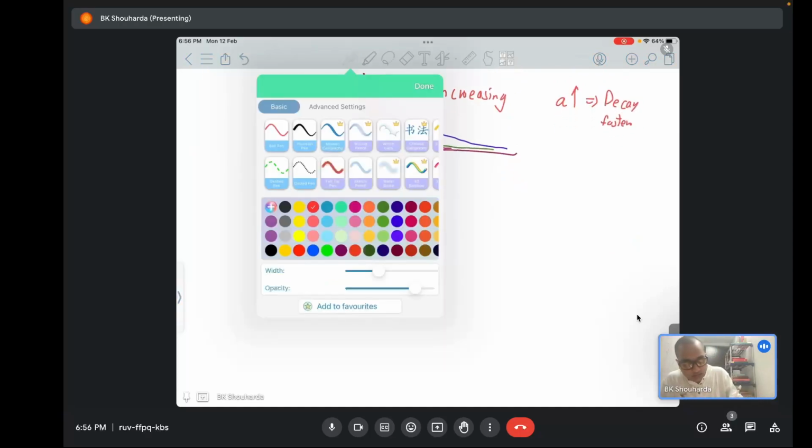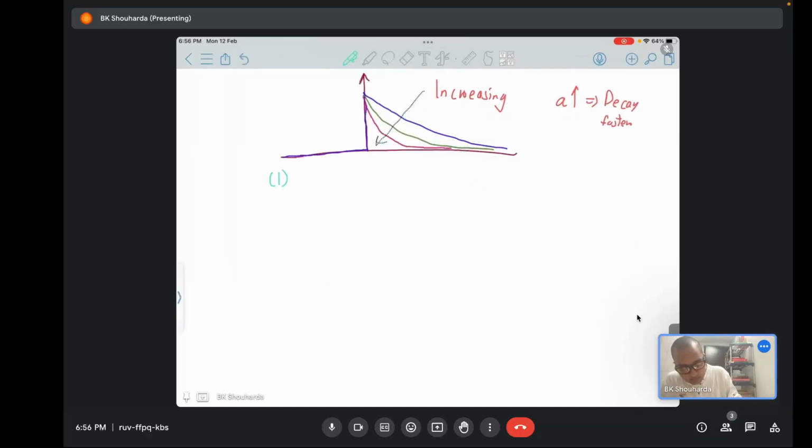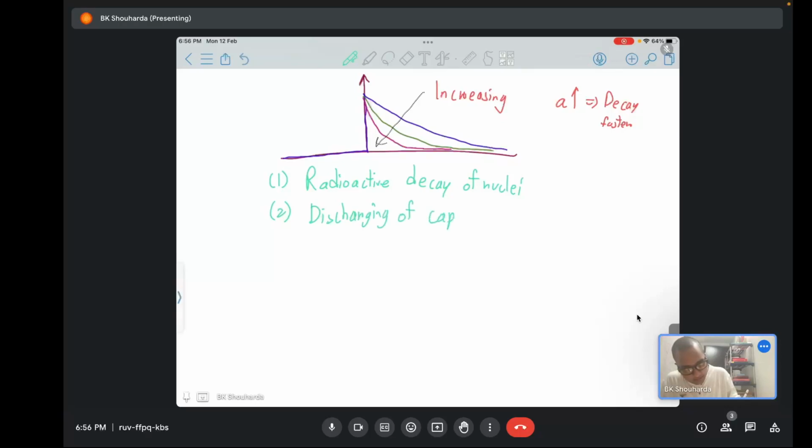So for example, radioactive decay of nuclei, or let's say discharging of capacitors in DRAM cells, or damping due to fluid.